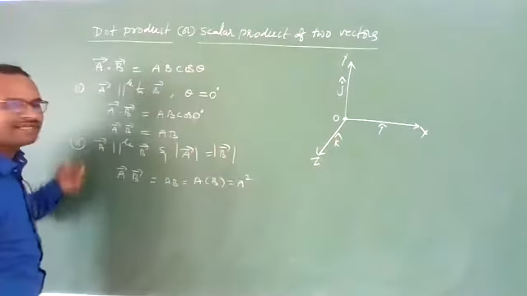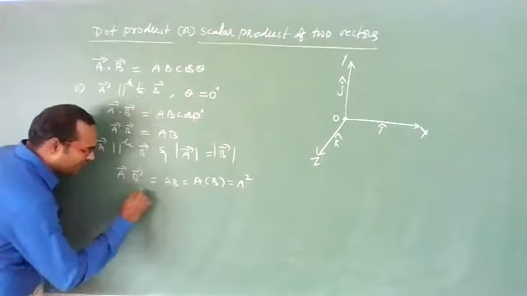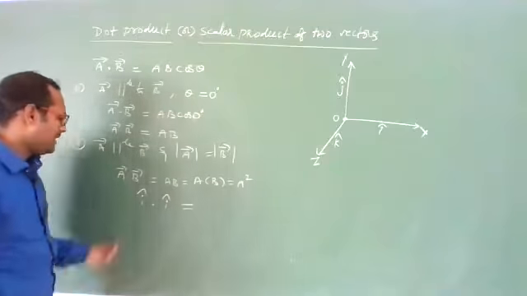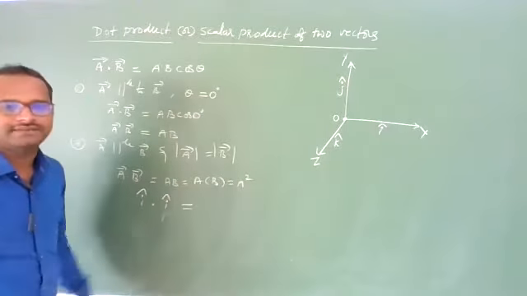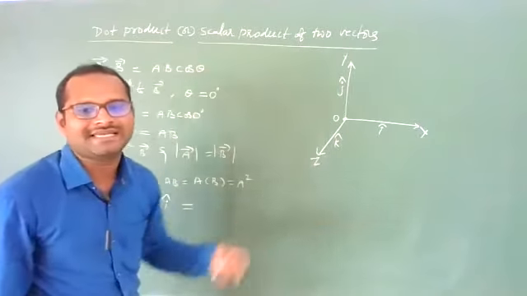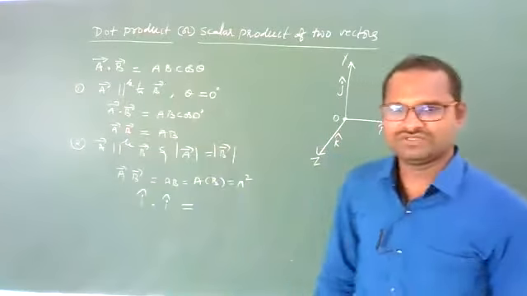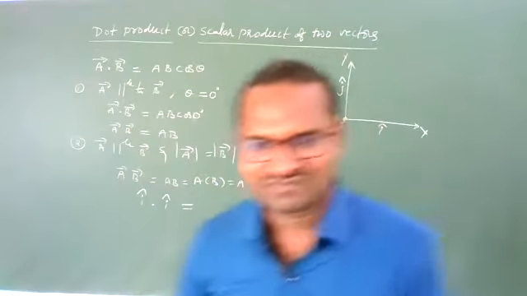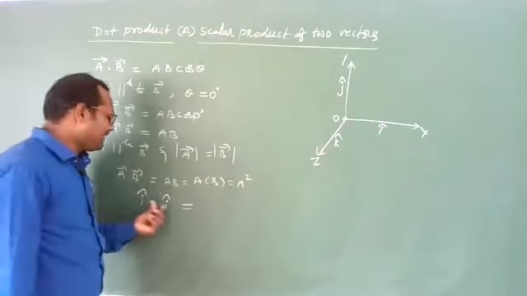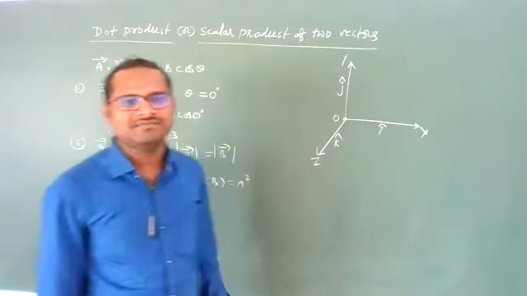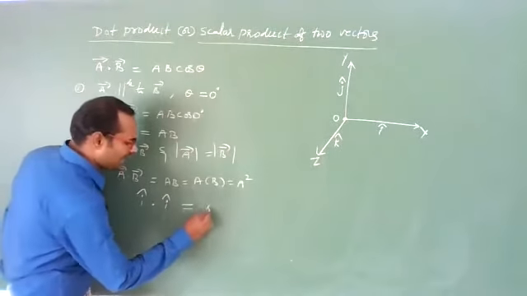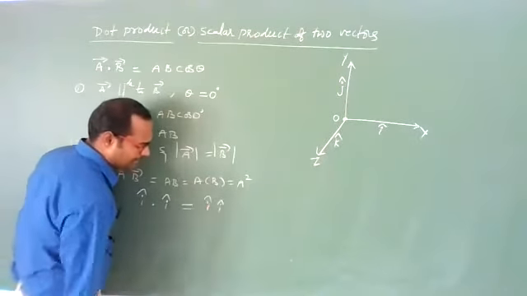Now, according to the second property, let us take two vectors, I cap dot I cap. This is the same vector, and both are in the same direction along the X axis. These are parallel vectors, so you get I cap into I cap.